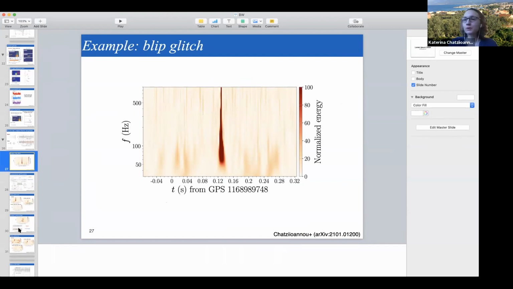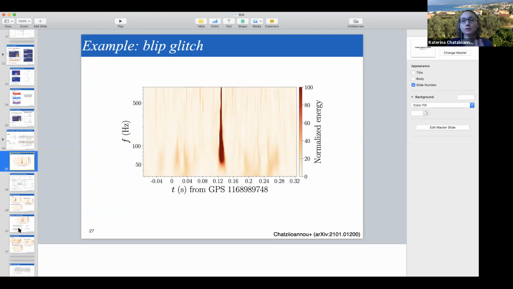A lot of those glitches are basically some excitation in the detector that then decays away, right? And excitations in general, in systems, mechanical or otherwise, look a certain way. They look like decaying sinusoids. So in many cases, those will end up being symmetric, but not always.